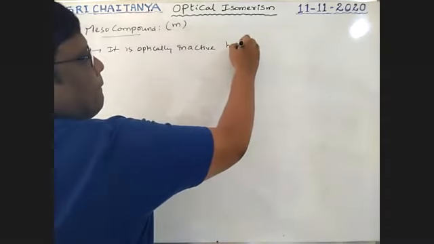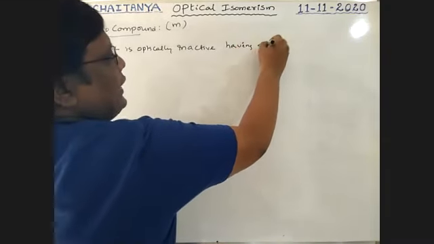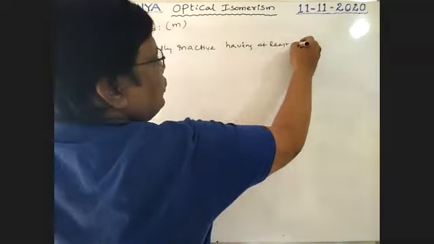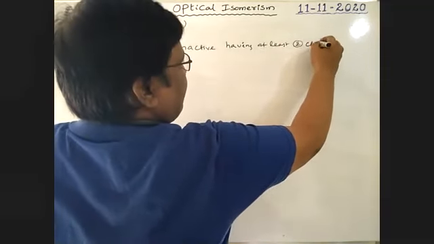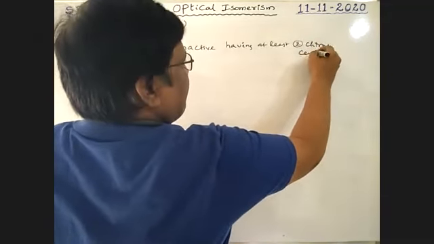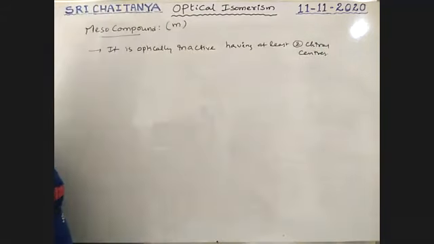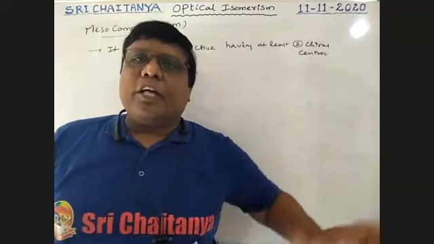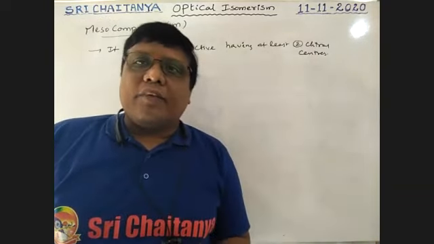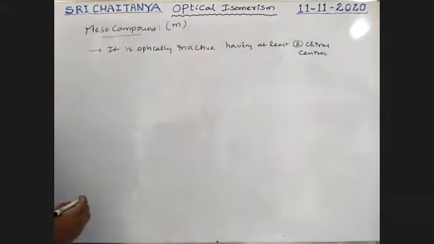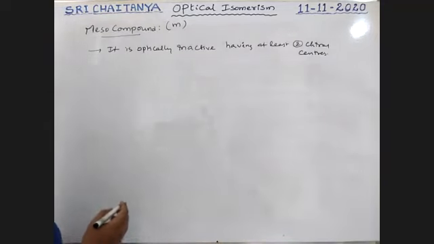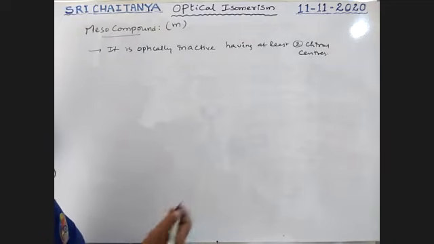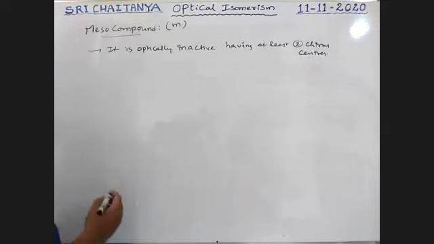It has at least 2 chiral centers. The minimum number of chiral centers is 2, and even though chiral centers are there, that molecule is optically inactive due to a plane of symmetry, boys.